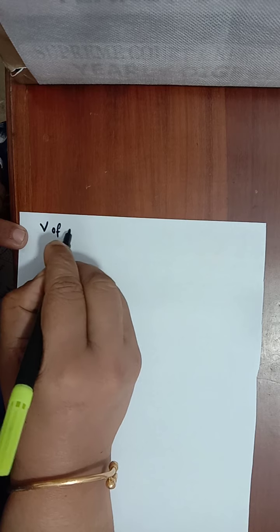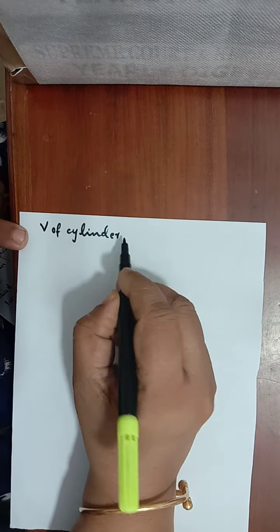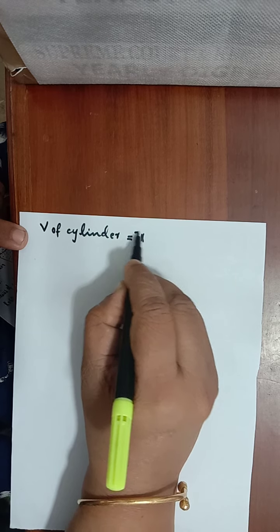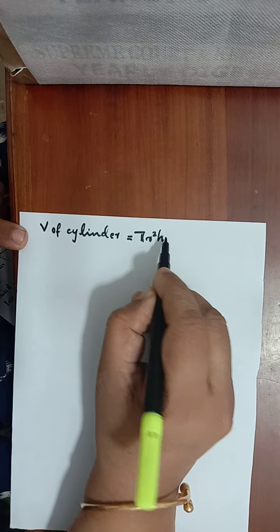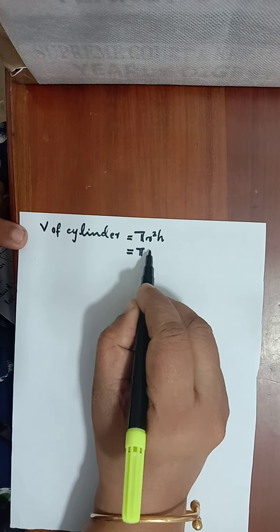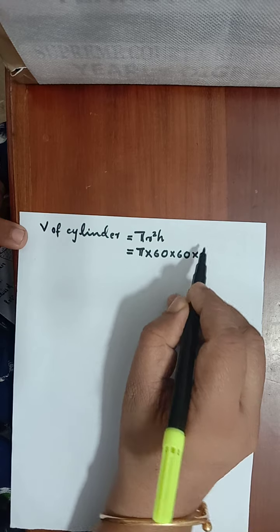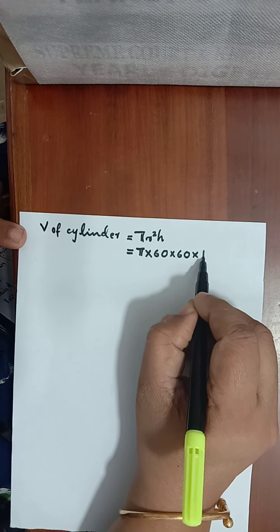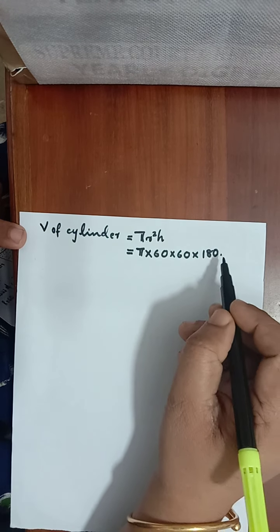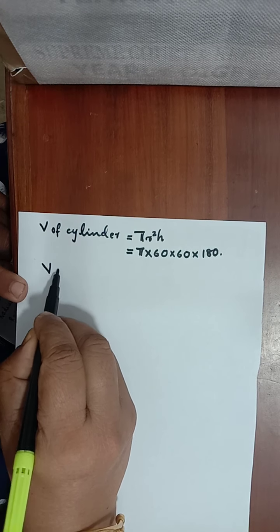Volume of cylinder formula everybody knows. What is volume of cylinder? It is pi r square h. So what are the values here we are having? Pi into radius 60 into 60 into height which is 180. Let it be there.